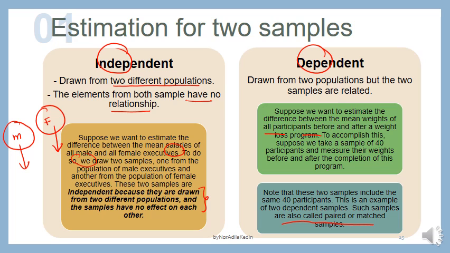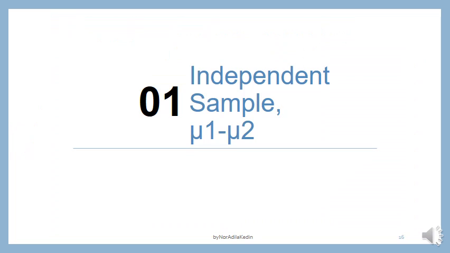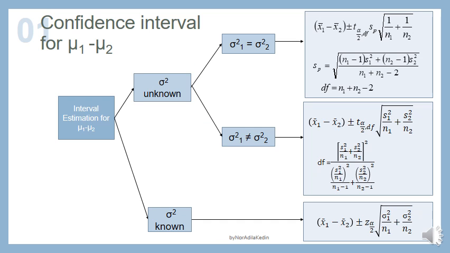So itu dinamakan dependent ataupun paired sample test. So untuk independent sample, mu1 minus mu2, independent. Okay, so kita kena tengok the situation sama macam sebelum-sebelum ni.